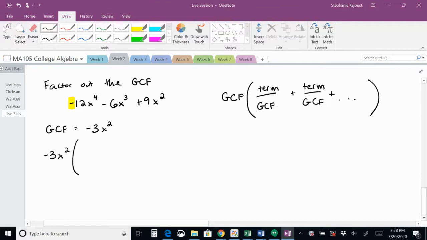So I put my greatest common factor in front, and then I'm going to have negative 12x to the 4th over negative 3x squared plus, and then I'm going to put the negative again on top, negative x cubed over negative 3x squared, then plus 9x squared over negative 3x squared.